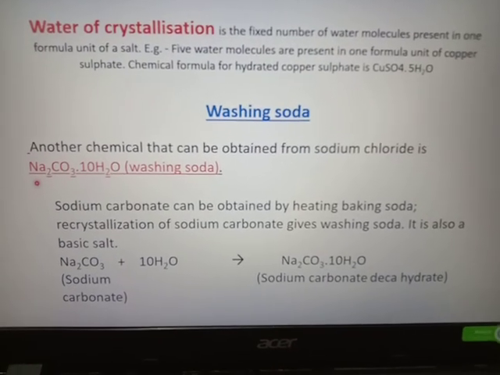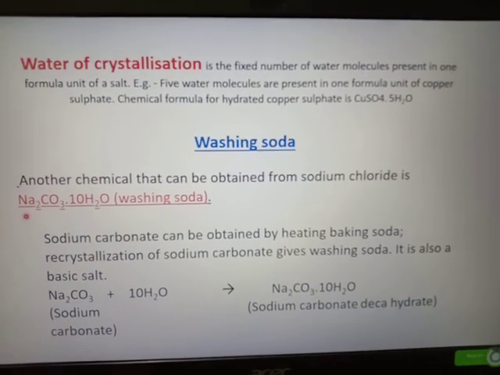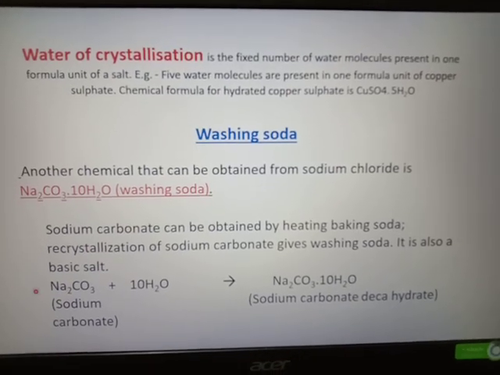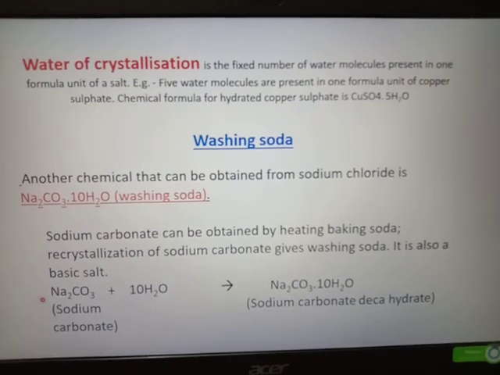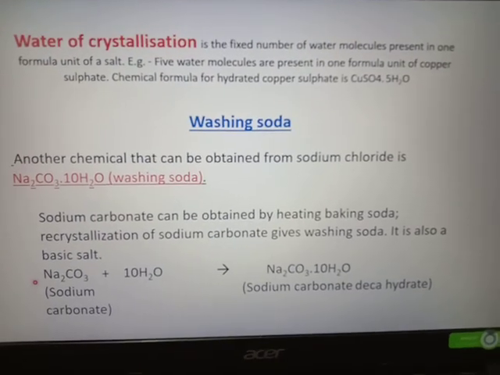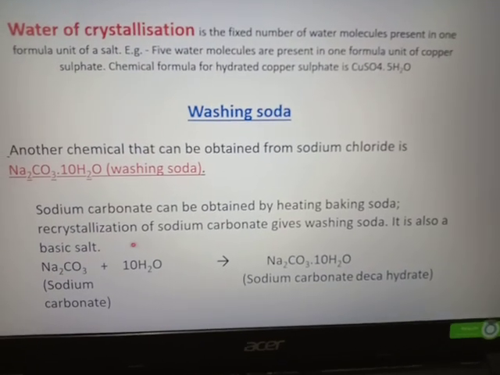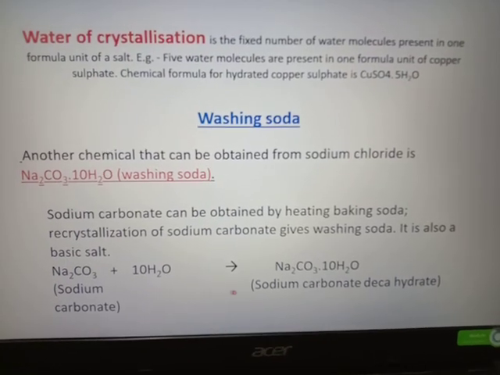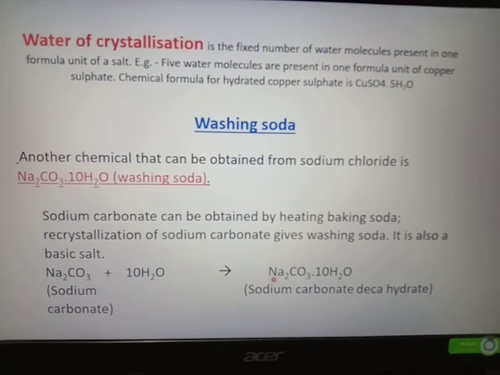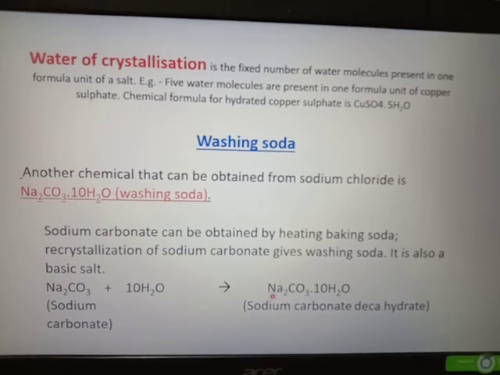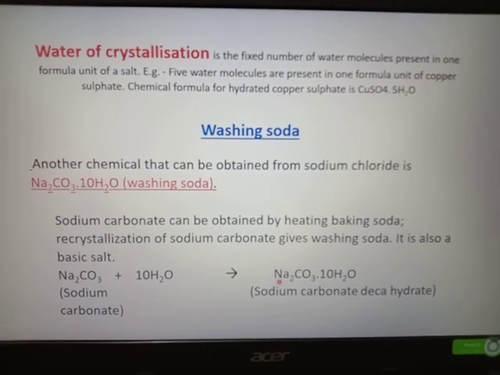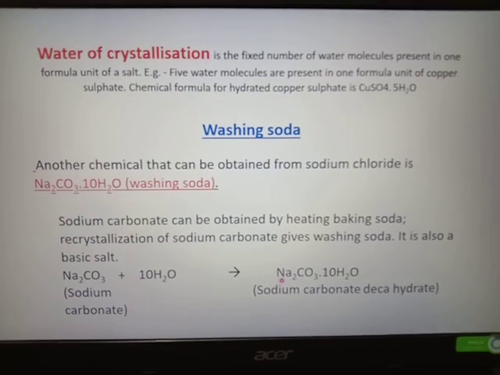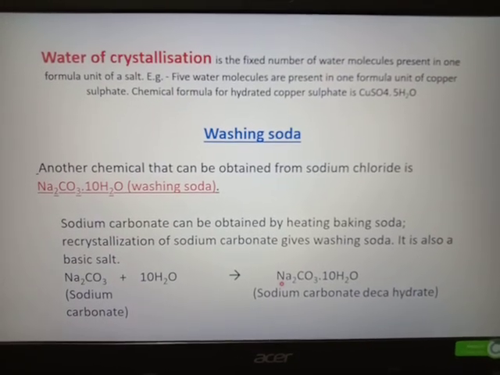So, here sodium carbonate decahydrate is also containing 10 water molecules which are called water of crystallization. When sodium carbonate, which is prepared by heating of sodium bicarbonate, is recrystallized with water molecules, we will get crystals of sodium carbonate decahydrate.